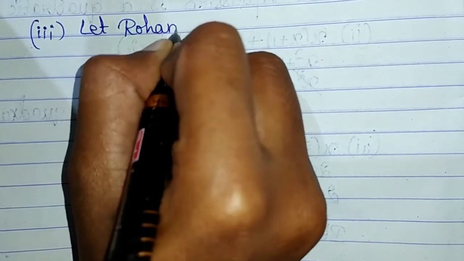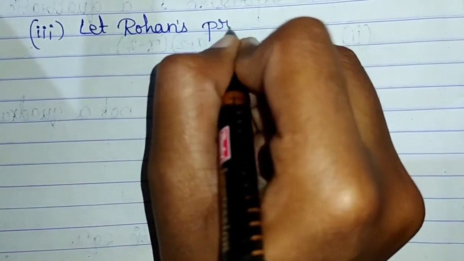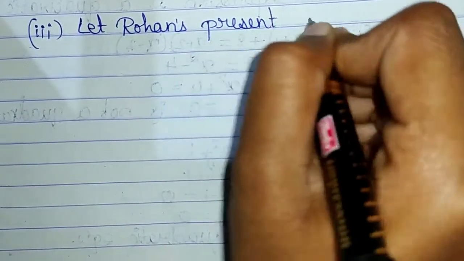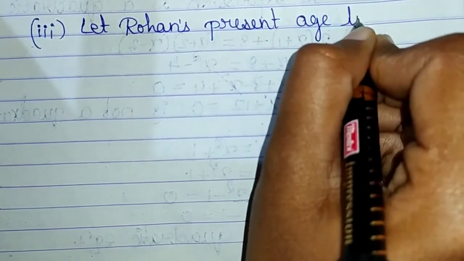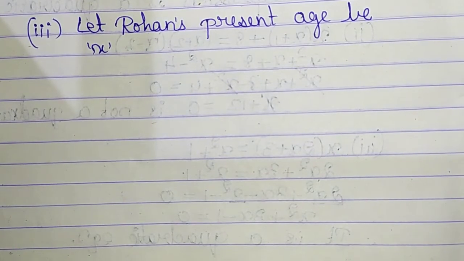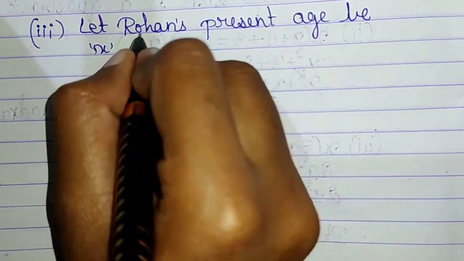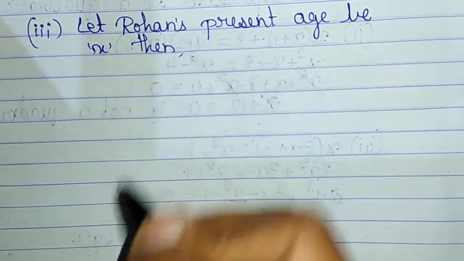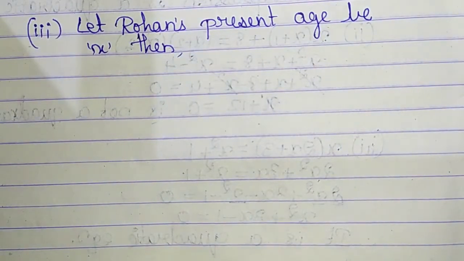So let Rohan's present age be x. Then his mother's present age will be, they have told us that his mother is 26 years older than him.